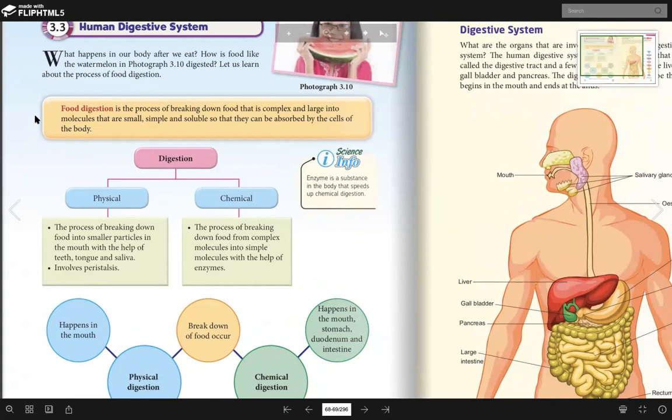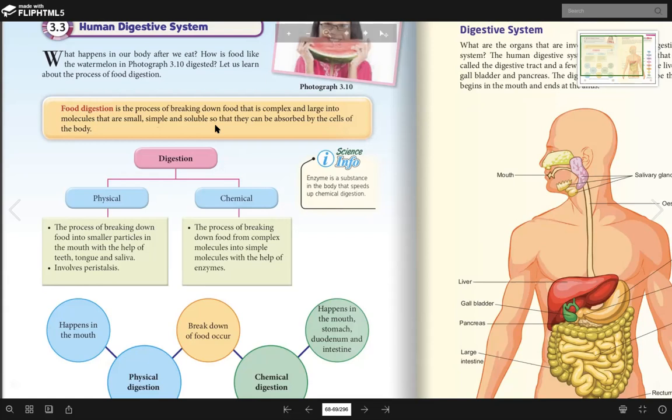So this is the full definition of digestion. Digestion is a process where we break down large food into small food, so that it's easy for our cells to absorb the nutrients inside it.